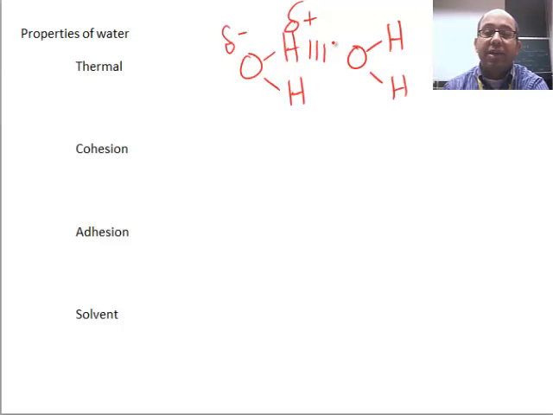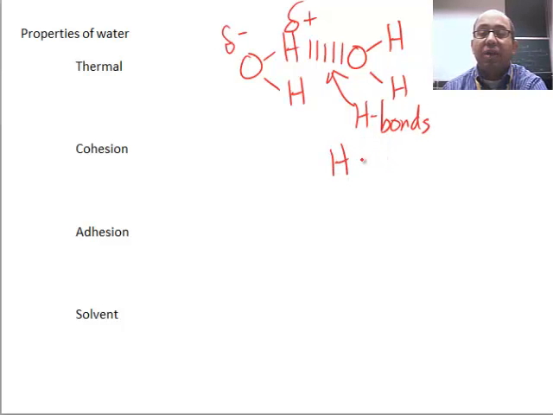And what this does is form a hydrogen bond. So these parallel lines in the middle represent the hydrogen bonds that occur between water molecules. So a hydrogen bond is an attraction between hydrogen of one molecule and the oxygen, nitrogen, or fluorine of another molecule.